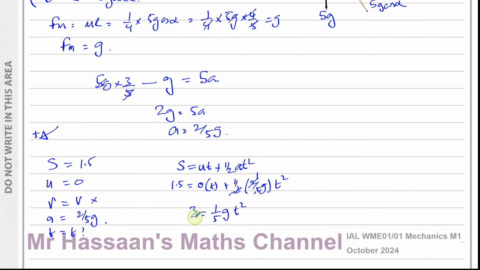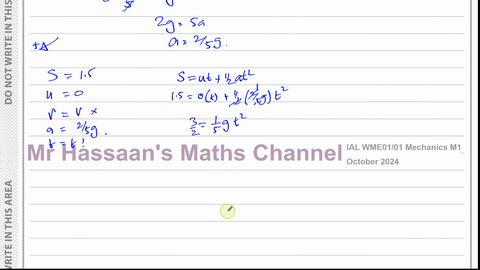So that's 3/2. So what we can do next is solve this equation for t by multiplying both sides by 5. One second, let me do it the other way around.